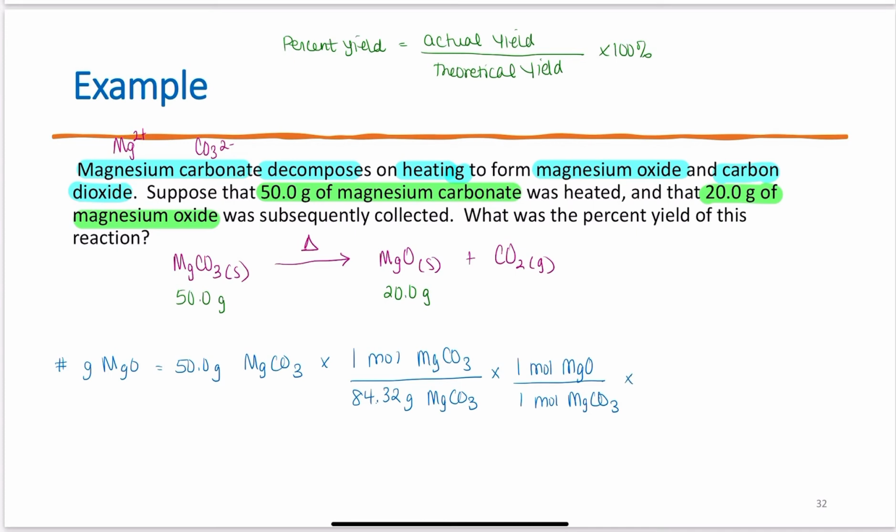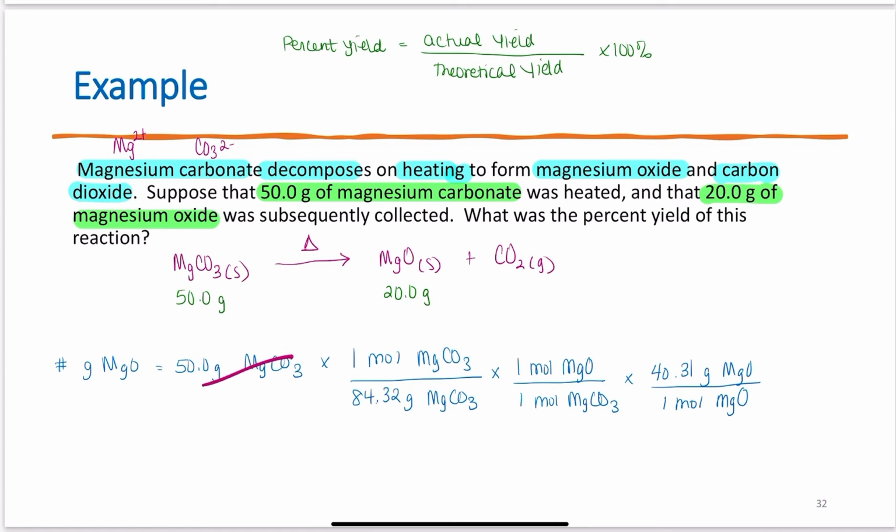And now that I've got moles magnesium oxide, I can convert to grams of magnesium oxide. 40.31 grams magnesium oxide to 1 mole of magnesium oxide. Make that actually look like an O there. Okay.